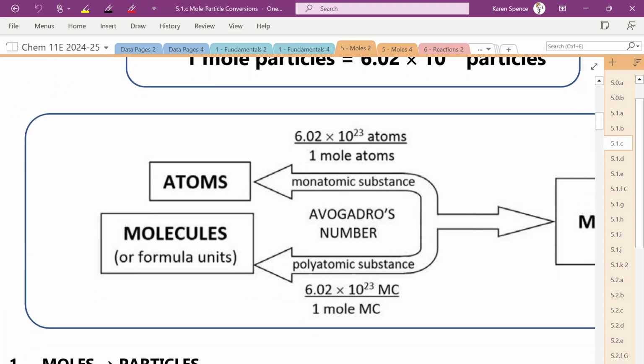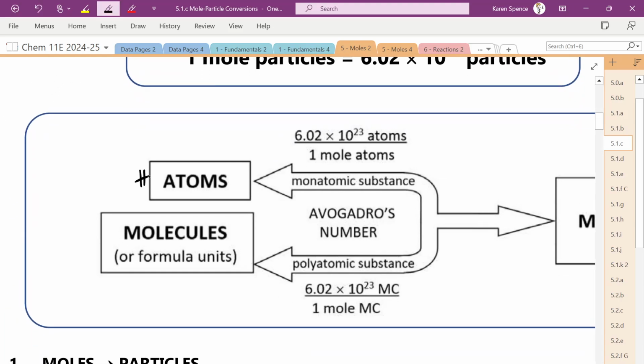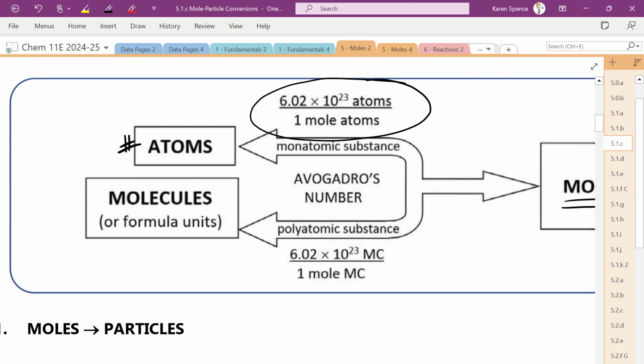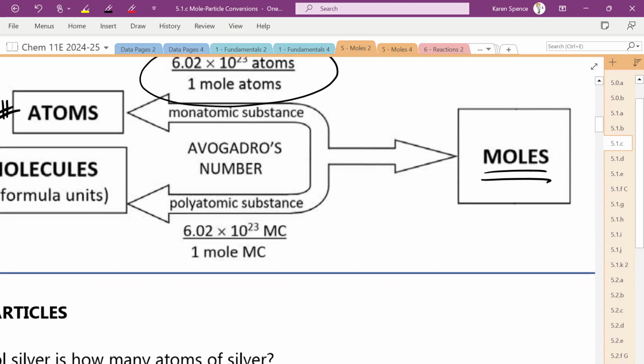If I give you a number of atoms, you can use this conversion factor. 6.02 times 10 to the 23 atoms is 1 mole of atoms, and you can use that to find moles. If I give you a number of molecules, you can use that same conversion factor because 6.02 times 10 to the 23 molecules is 1 mole of molecules.